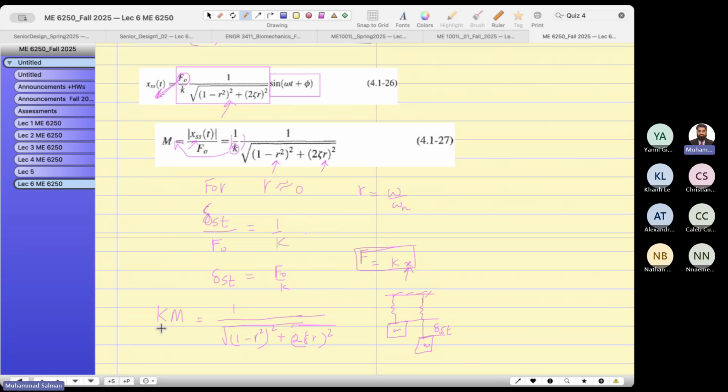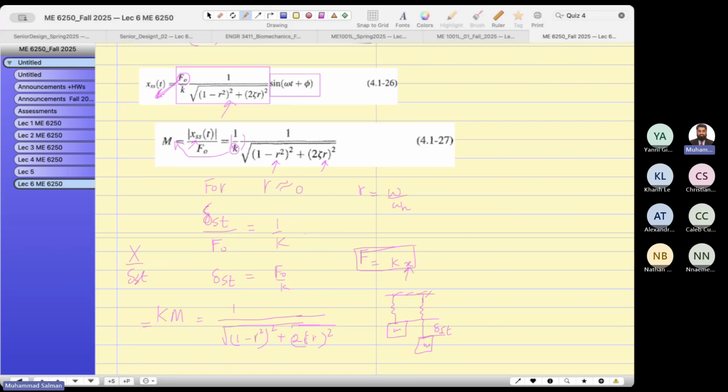So I just multiply km, and we know that km equals X over the static, actual displacement divided by the static.